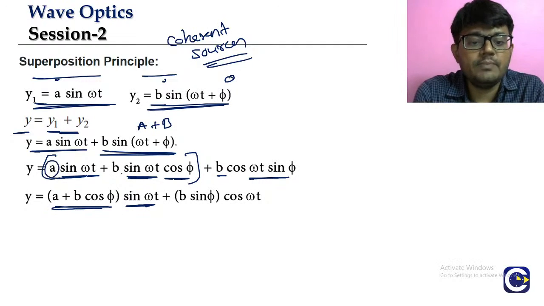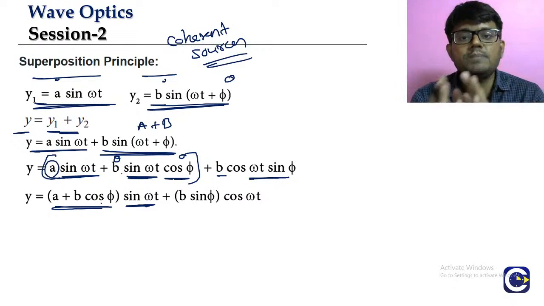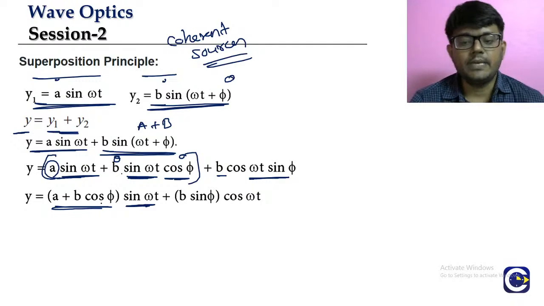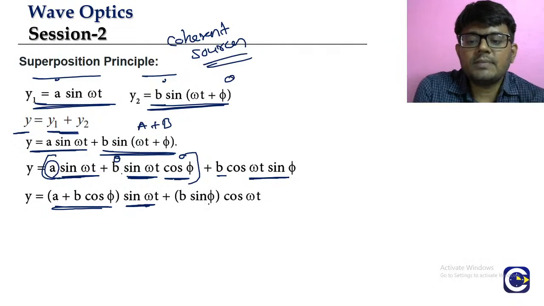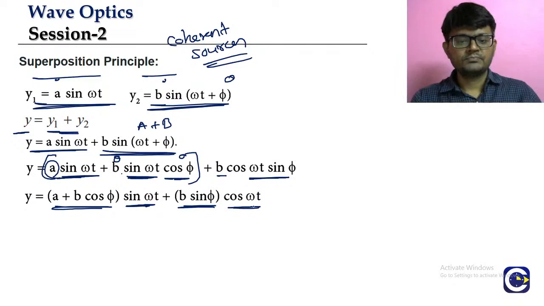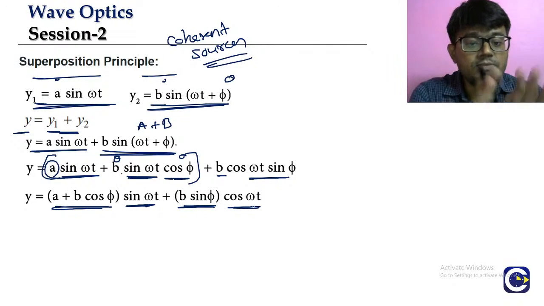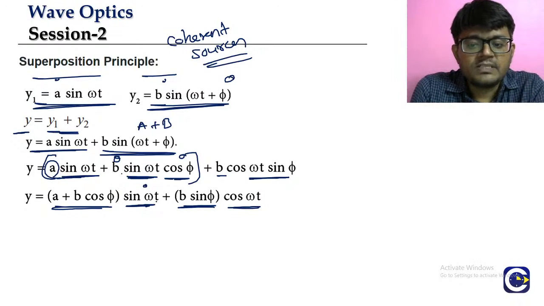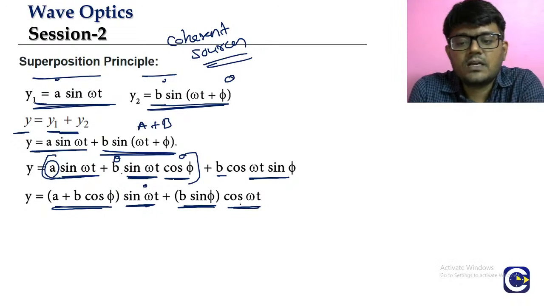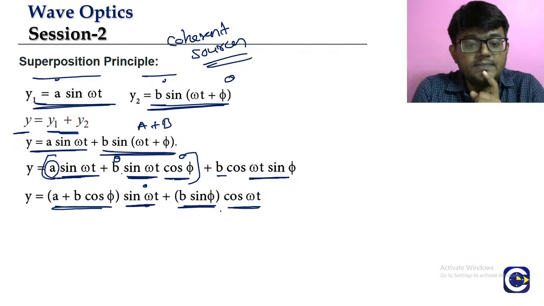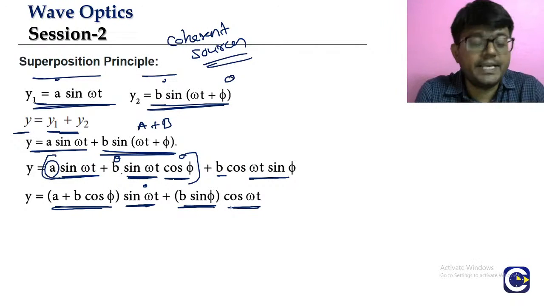Remaining is a plus b cos phi, so a plus b cos phi into sine omega t. Second term is b sine phi into cos omega t. I'll tell you why we are writing it: because we have to simplify it. You again see here, sine omega t is coming in one place, cos omega t in another place. We can try to simplify it.